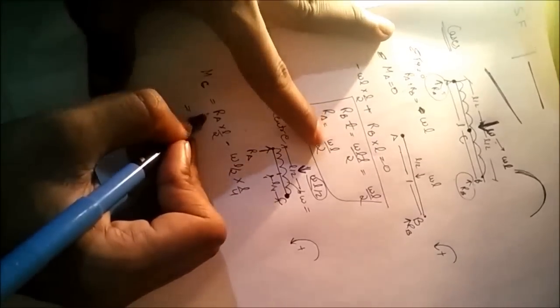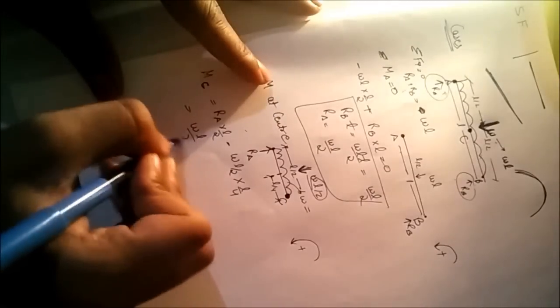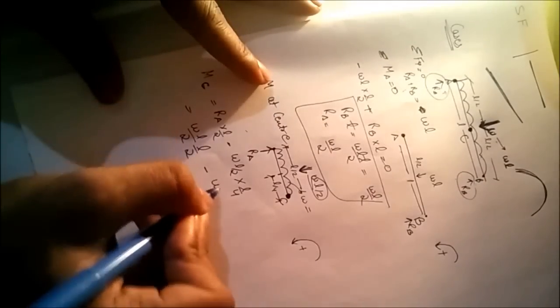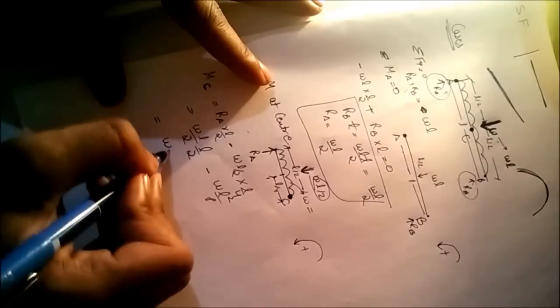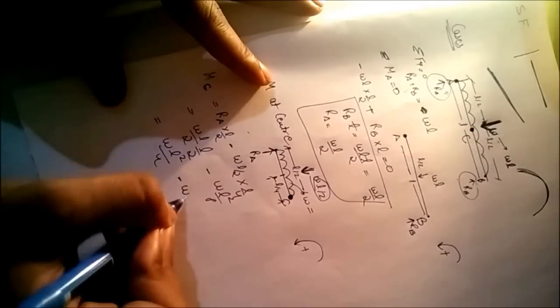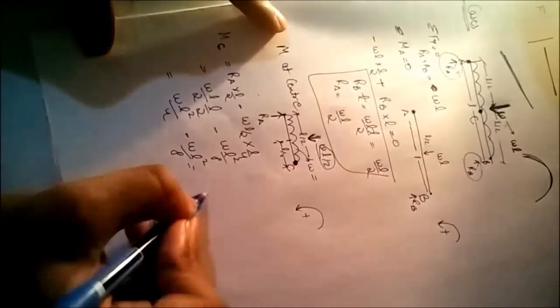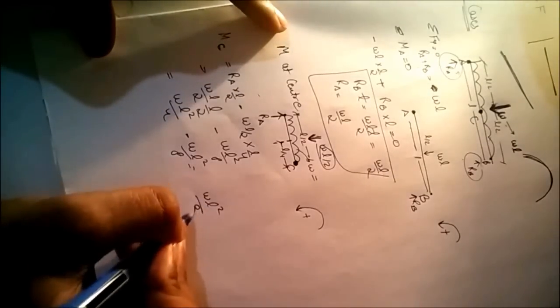The value of Ra is omega L upon 2, so the moment is omega L square upon 4 minus omega L square upon 8, which is omega L square upon 8.